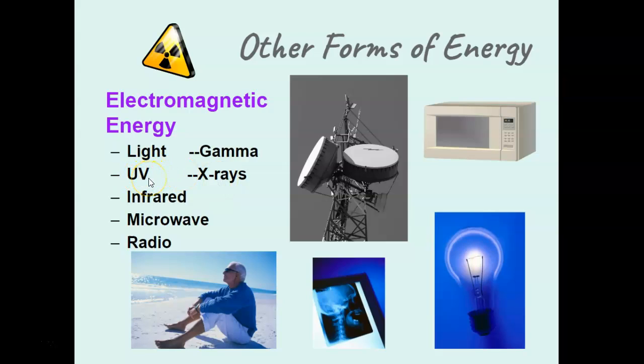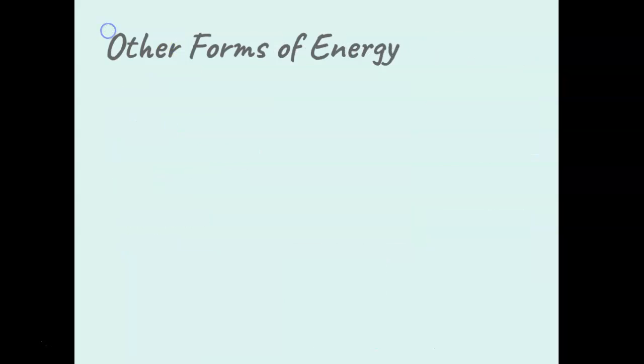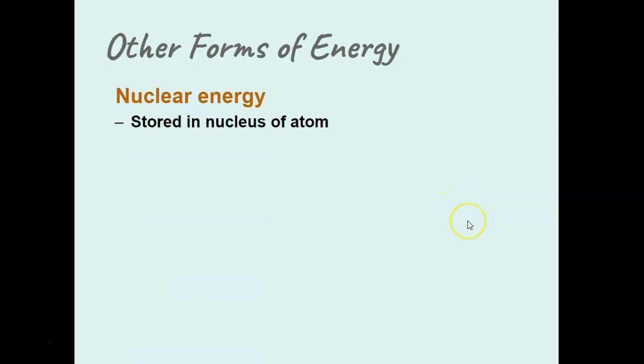You've probably heard of UV light. That stands for ultraviolet light, ultraviolet energy. Infrared rays, microwaves, and radio waves. We see some examples of all of those different forms of energy. We will delve further into those at another time.